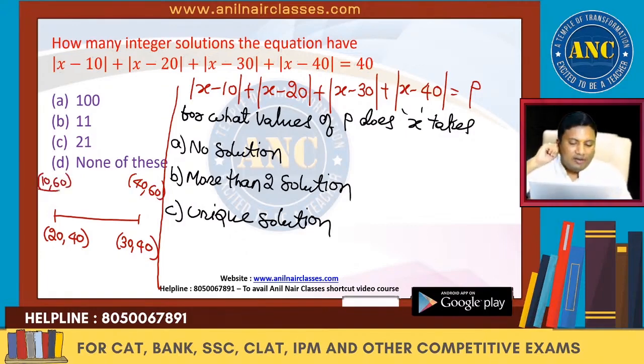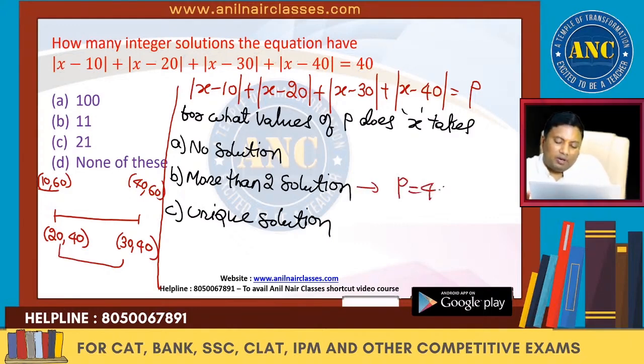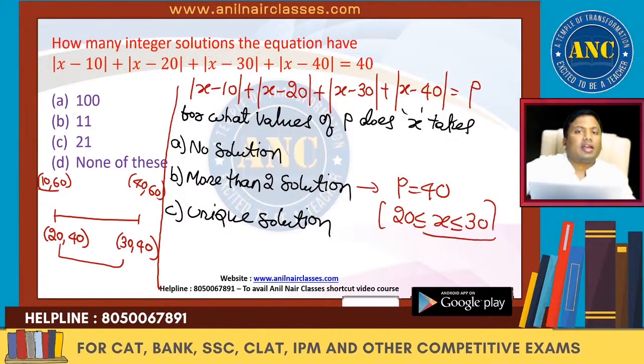Now see here, for what value of p does it take more than 2 solutions? It is happening for p = 40, as we have just seen. What are all those solutions? 20 ≤ x ≤ 30. Are you all with me?